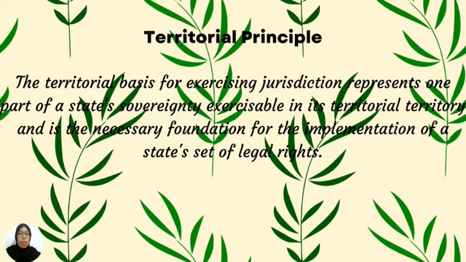We go to the territorial principle. The territorial basis for exercising jurisdiction presents one part of a state's sovereignty; exercisable authority in its territory is the necessary foundation for the implementation of a state's set of legal rights.